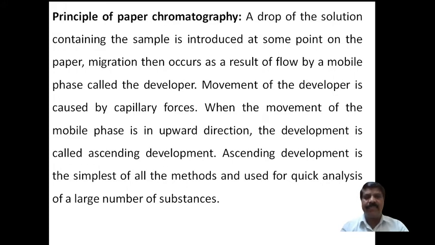It should be a drop of a mixture from which the constituent compounds can be separated, isolated or identified. You make the solution, introduce it at one end of the paper, and allow it to migrate through a mobile phase, a liquid called the developer.